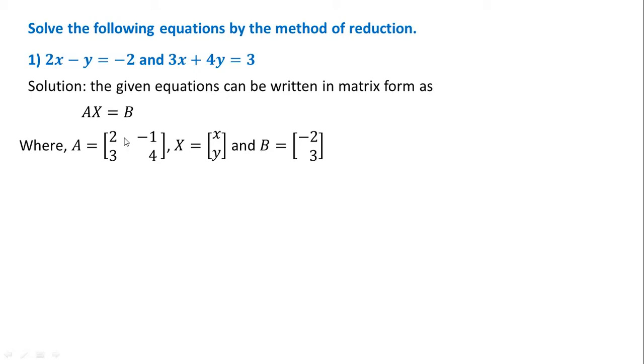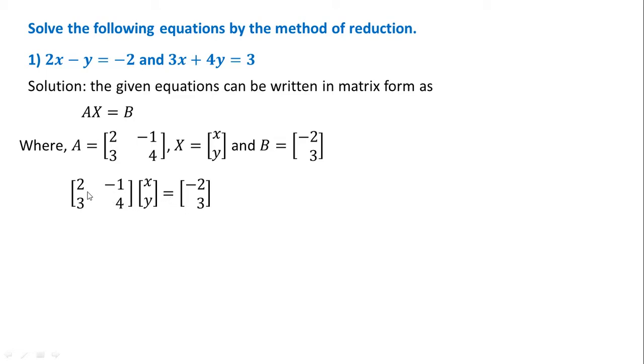So AX is equal to B is the matrix equation. This is the matrix A into matrix X is equal to matrix B. So we convert the given two equations into the matrix equation.